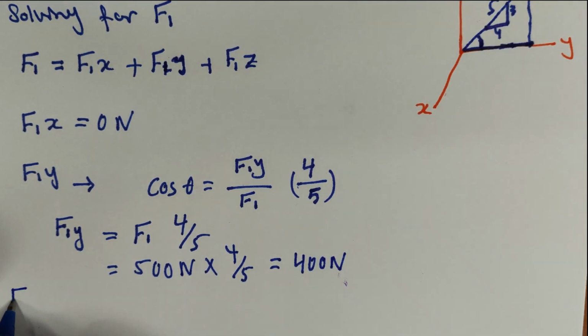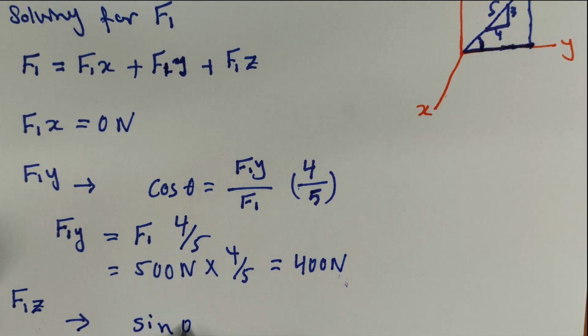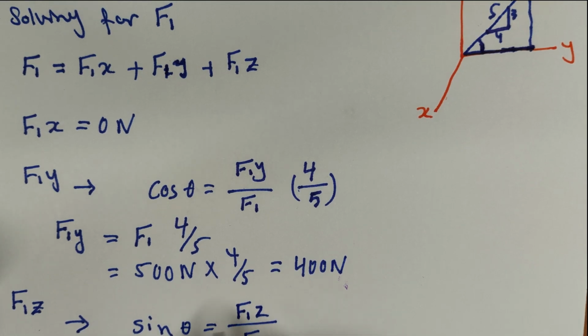Solving for F1 on the Z direction. Again, if we had theta in there, we would be saying sine theta equals F1 on the Z direction over F1, but we don't have sine theta, so we are going to compensate with 3 over 5. Remember that.